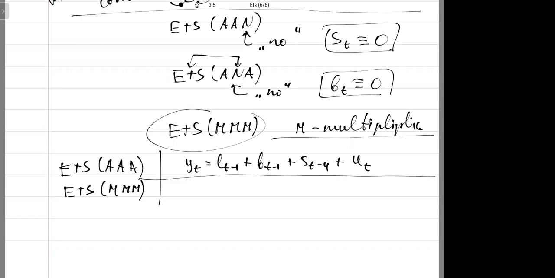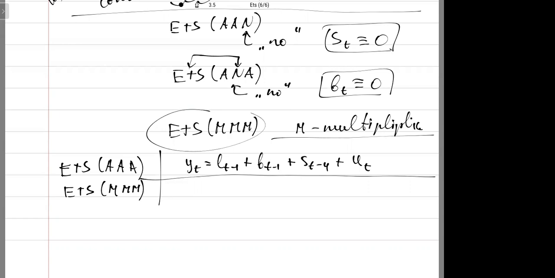Instead of plus, they will be multiplied by? Yeah, you're right. With one subtle trick, we have UT that is once again normal, and it will be considered as a percentage difference.